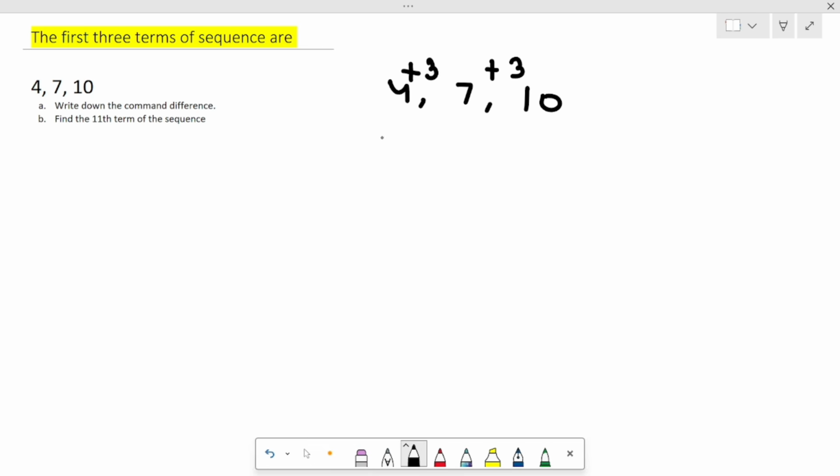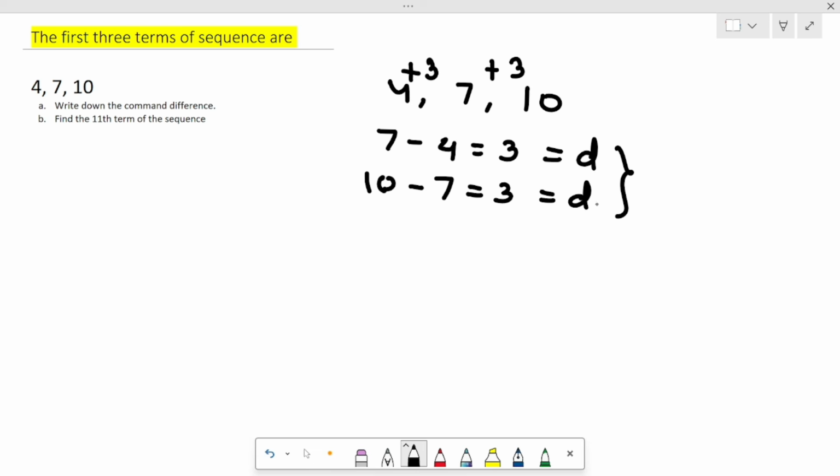If I do successive minus preceding term, 7 minus 4 is 3, and 10 minus 7 is 3. In both cases the common difference, which we call D, is the same. That's why it is an arithmetic progression.